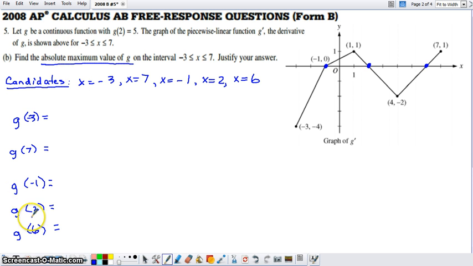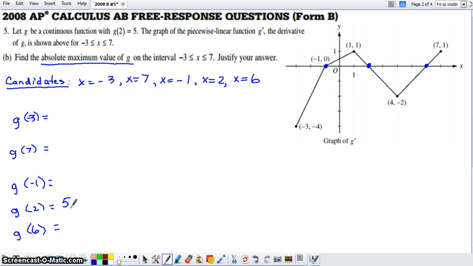So I'm going to start with g of 2. They tell us that. g of 2 is 5, so we know the answer to this one. I'm going to go to g of 6 next, and here's why. If we think about what happens with the function value as we let x range from 2 up to 6, because g prime is negative on that entire interval, the function value has to be smaller at 6 than it is at 5.